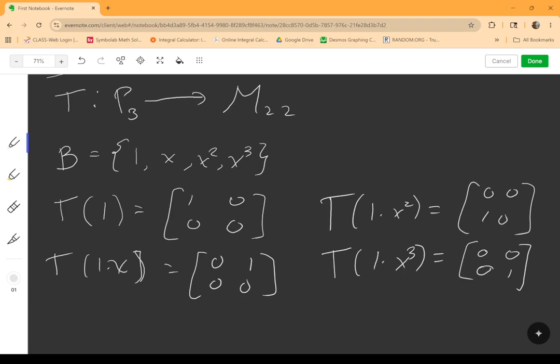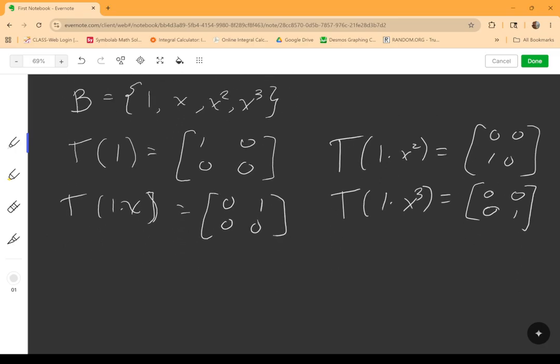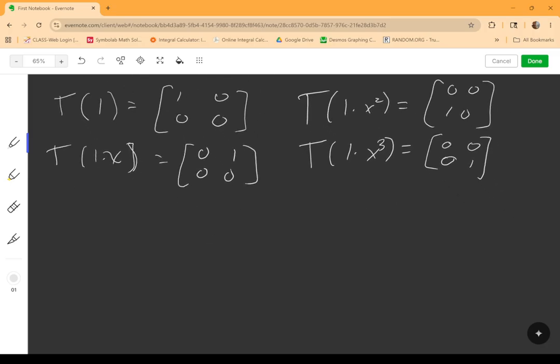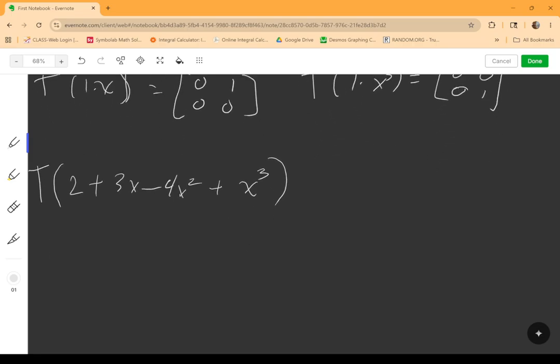More importantly, I know what this transformation does to the basis vectors of my domain. That means now I can generate the linear transformation of any vector inside of my domain. So I can take the linear transformation of this polynomial.